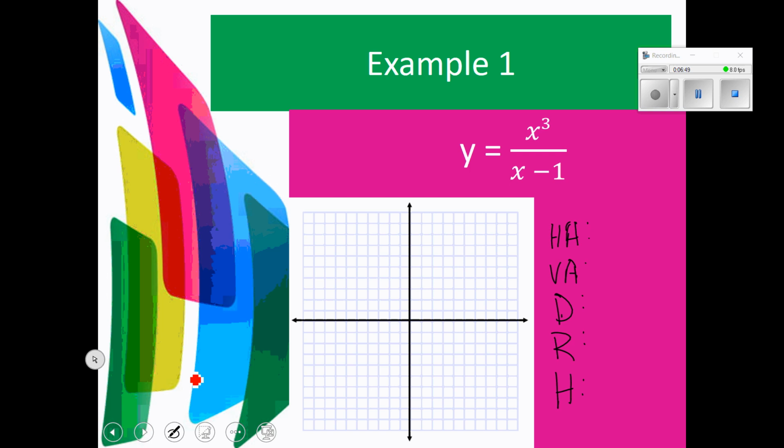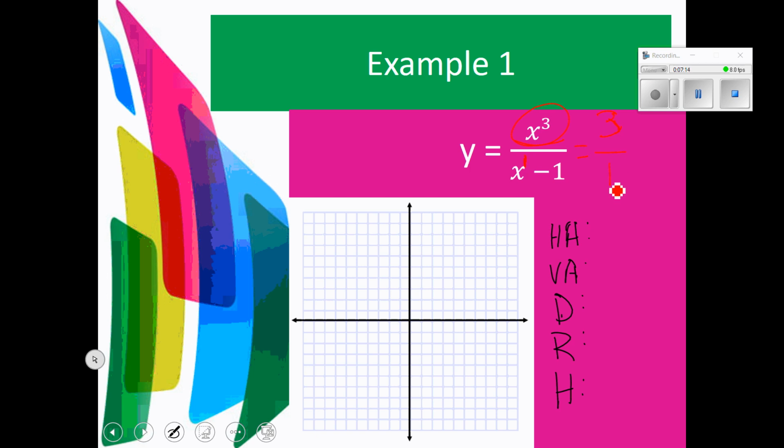Now, we need to go back to that rule sheet for horizontal asymptote. It has to do with the degree of the numerator and the denominator. In this case, degree meaning what is the highest exponent I see. The highest exponent I see is 3 in the numerator, and the highest exponent I see in the denominator is 1.